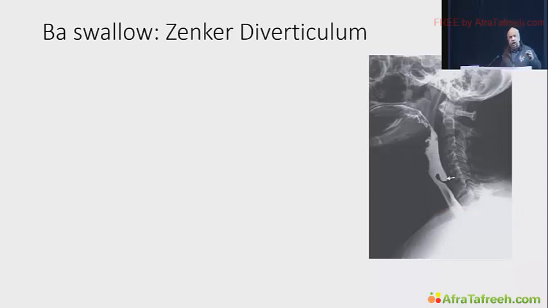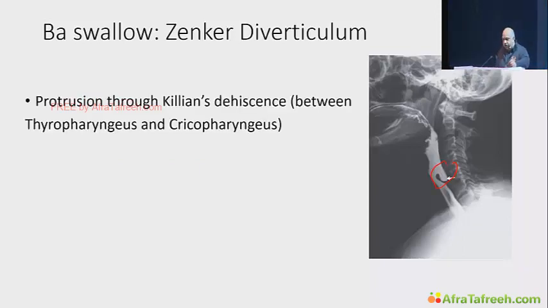So this you see is a minor topic of esophagus where you can see an outpouching here. This outpouching is in the cervical esophagus from Killian's dehiscence, seen in old persons. So Zenker is a protrusion from Killian's dehiscence. And what is Killian's dehiscence?